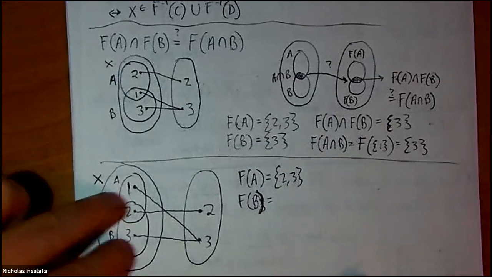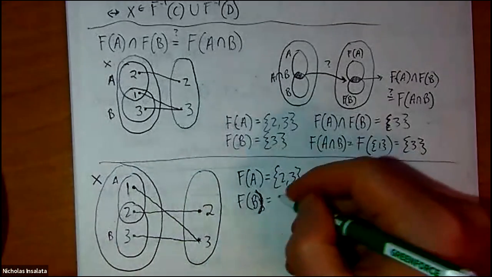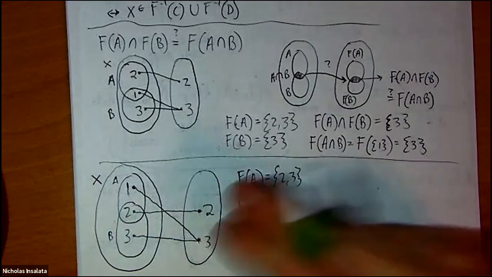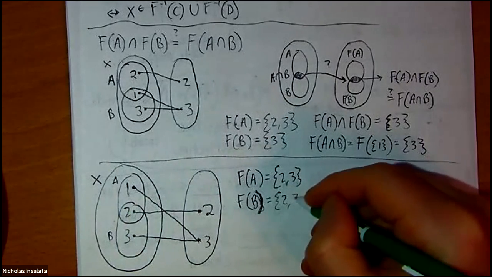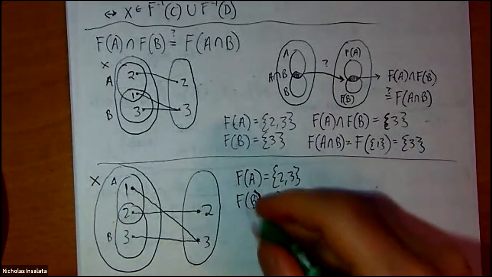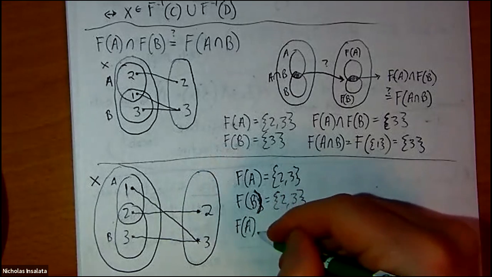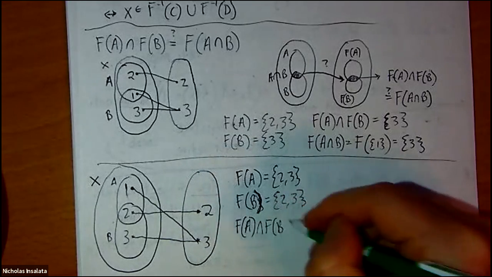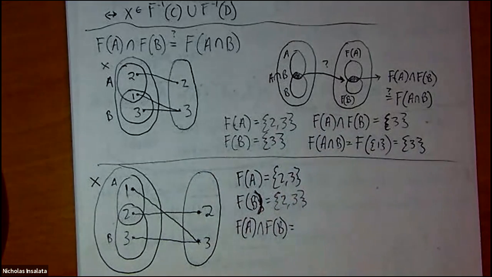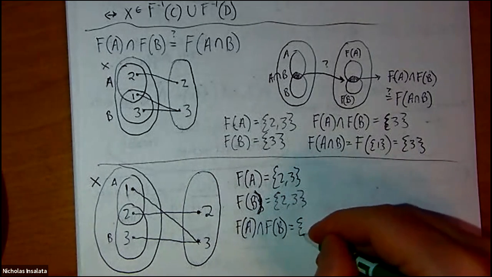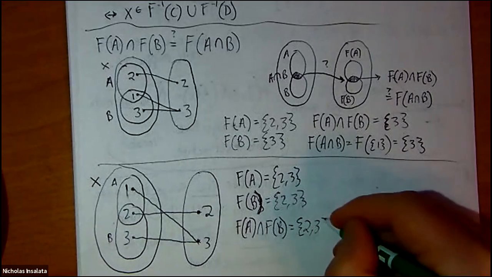In B, 2 and 3 map across to 2 and 3, like this. Okay, so f of A intersect f of B would be what? 2, 3, perfect, because it's the same in both cases. So there's a 2 and a 3.